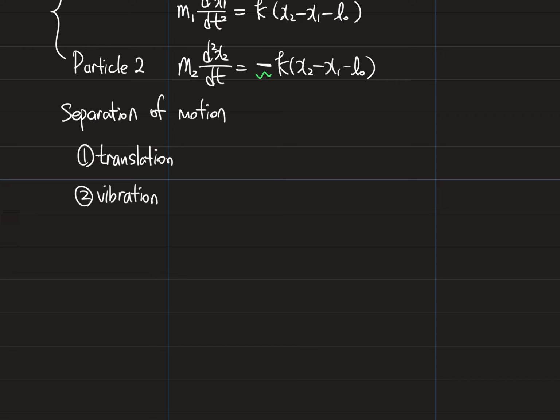Okay, first let's look at the translation. It is quite straightforward that we can separate the motion into these terms. Let's think, this is the diatomic molecule. They can move in space, right? Which means that their center of mass can vary in space.